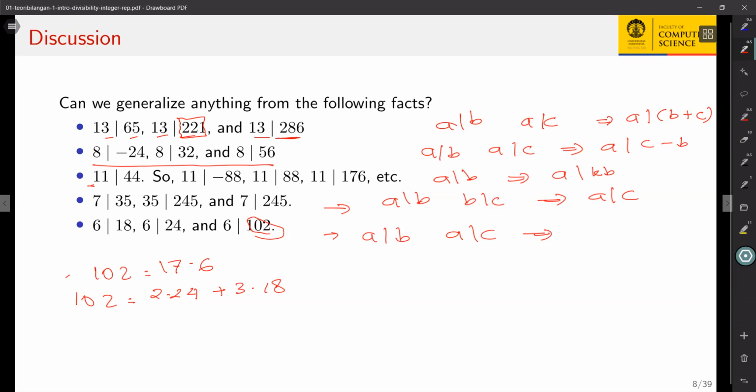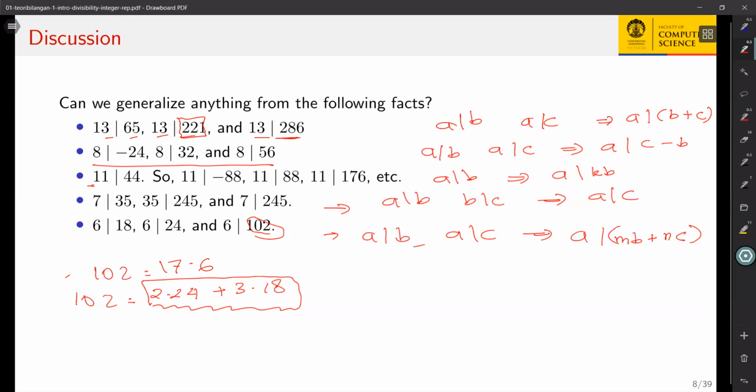So here is the key. We could conclude that if A divides B and A divides C, then A divides multiples of B plus multiples of C. That's the principle.